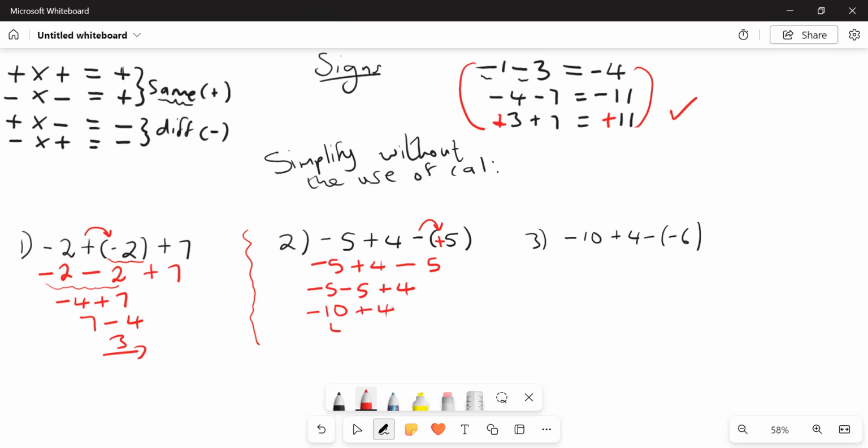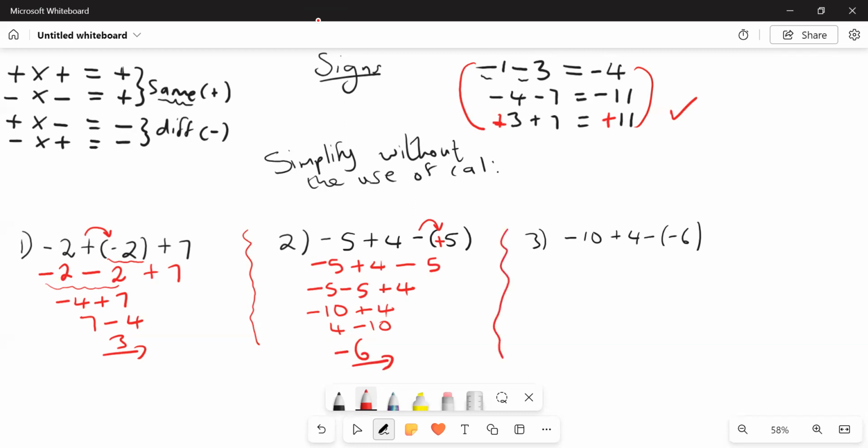So this is the same as 4 minus 10, or you can just say 10 minus 4. If we say 10 minus 4, we get 6. That's correct, but what is the sign of the bigger number here? The sign of the bigger number is a negative, so you need to write the negative at the end. I hope you understood that part.